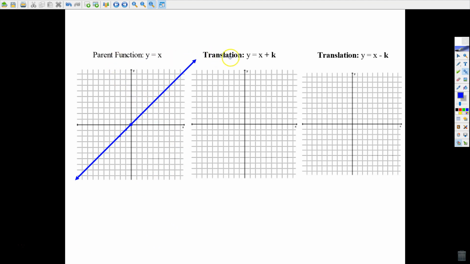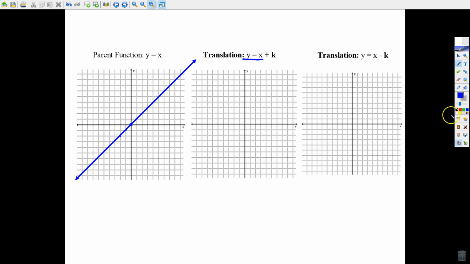Okay, well, a translation, remember, it's like taking the parent and shifting it or sliding it to a new spot. So when you see this, this represents a translation of the parent. You can see y equals x in this equation. It's like saying, let's take the parent y equals x, and by adding this number called k, it's a vertical shift of whatever k is upward.